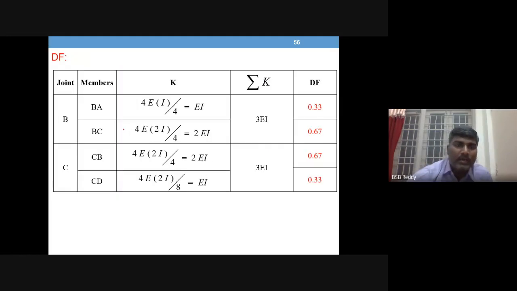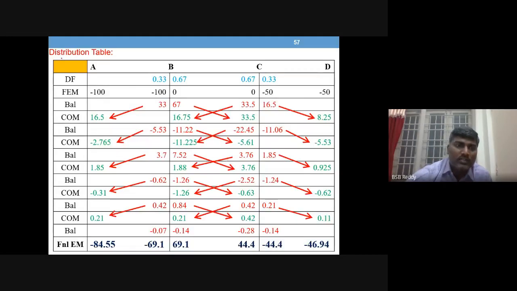Now again the distribution factors are the same, you bring the same table here because there is no change in the members' I values or spans. Now the distribution table will change.